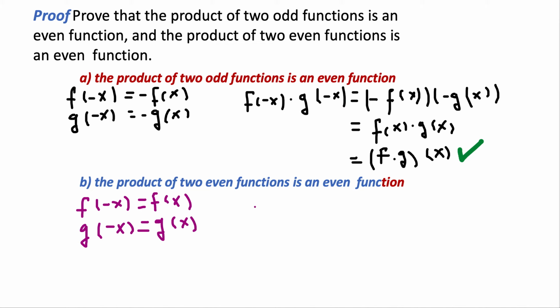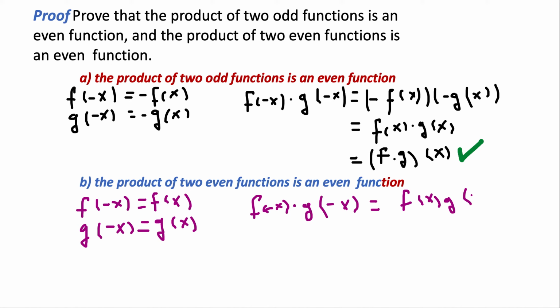And now here we have f of minus x, times the product g of minus x, which is going to be equal to f of x times g of x.